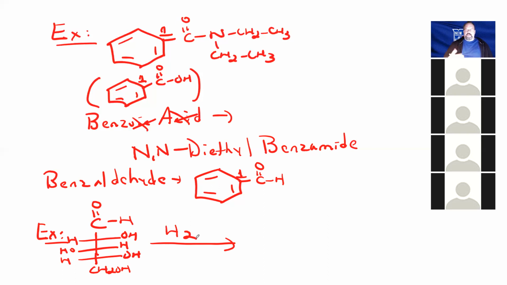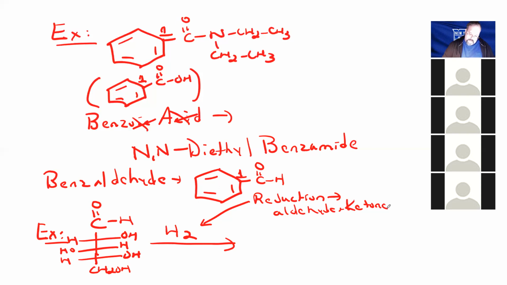You can use something like sodium borohydride, NaBH4, which was what I expect you to be familiar with. Now for monosaccharides, I'm going to be okay with the H2. So when you see a monosaccharide with H2, you have to think reduction. And what you should remember is your aldehyde and ketone reduction.